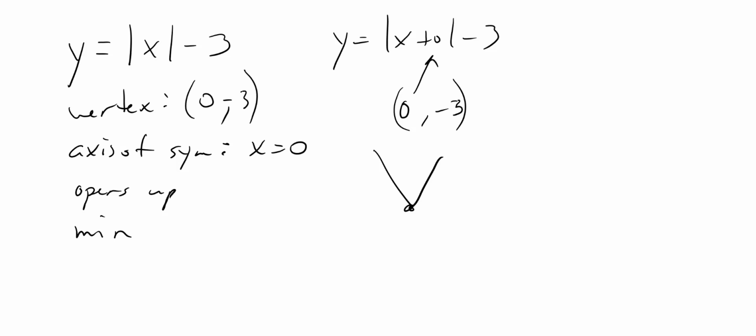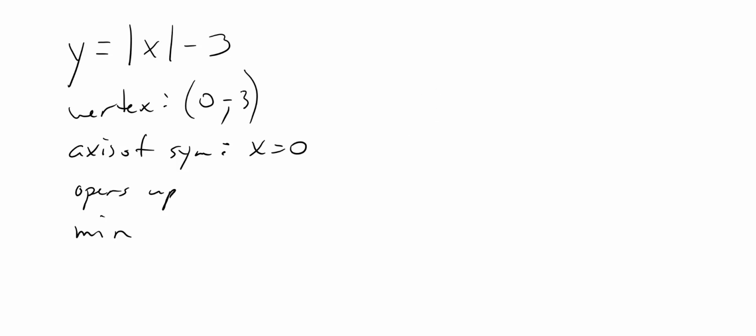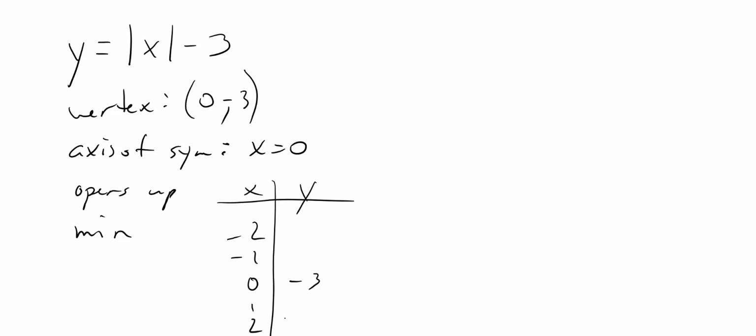Okay, all right, so let's just erase this so I have room here. Okay, so I'm going to pick some points around the vertex. So I got my 0, negative 3. I'm going to pick negative 1, negative 2, and 1 and 2.